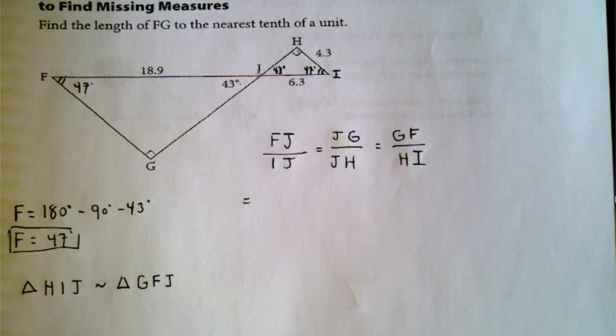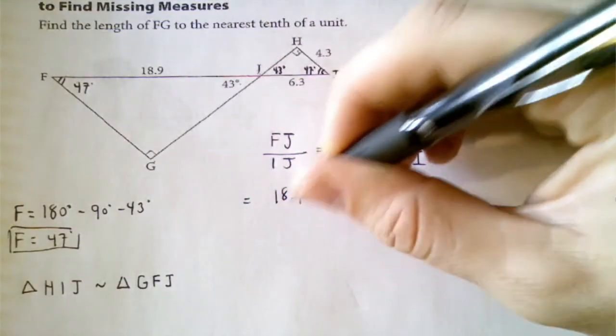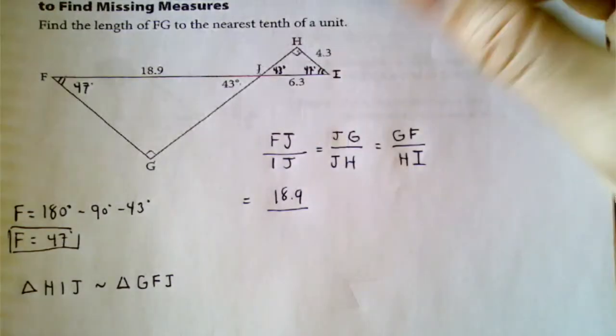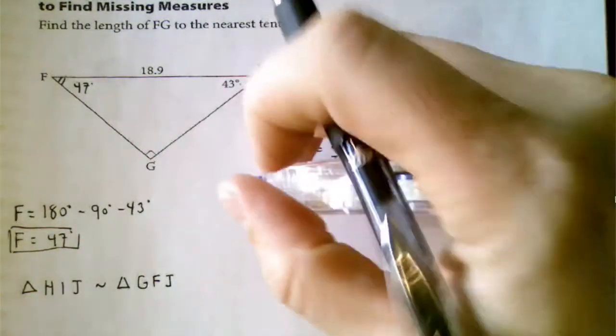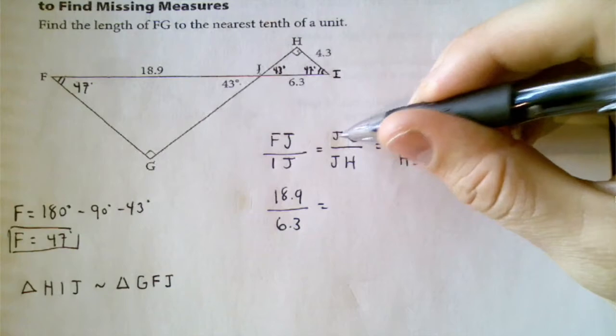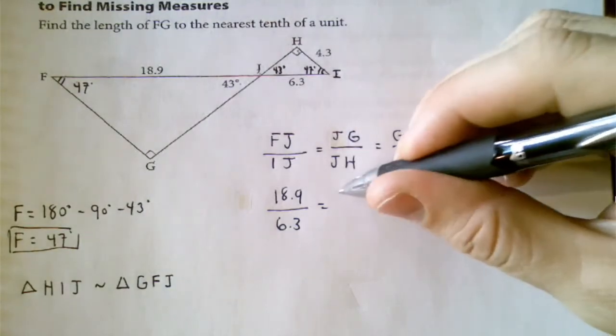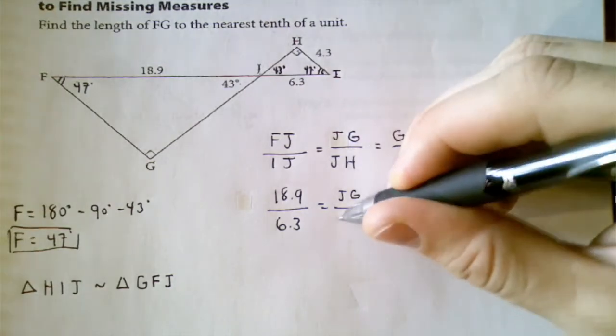So now that we got our pairs, we can fill in the sides we know. F to J is 18.9. I to J is 6.3. J to G is unknown. J to H is also unknown.